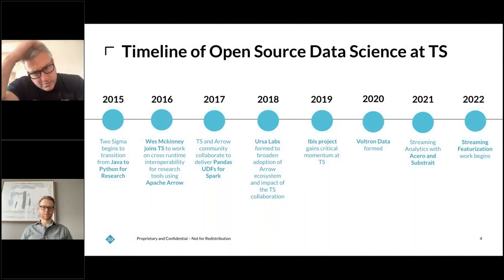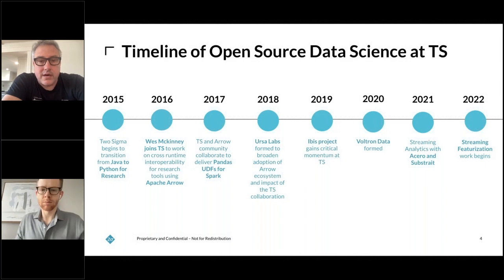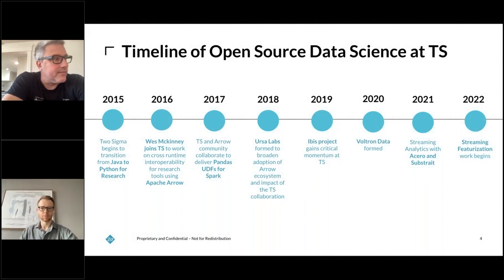But we also worked with Wes in the open source community, and we had a really big win in 2017, where we added pandas user-defined function support for Spark using Apache Arrow to move across the language boundaries. That was a huge win for Two Sigma, as it allows us to have our modelers use pandas, but also a big win for Arrow and brought it really into the mainstream.